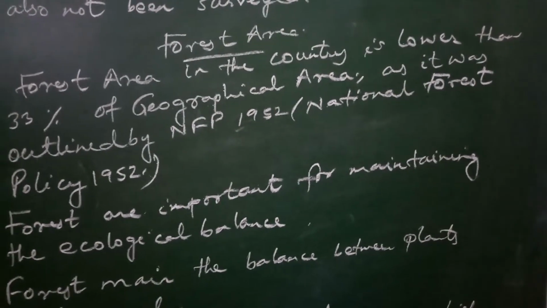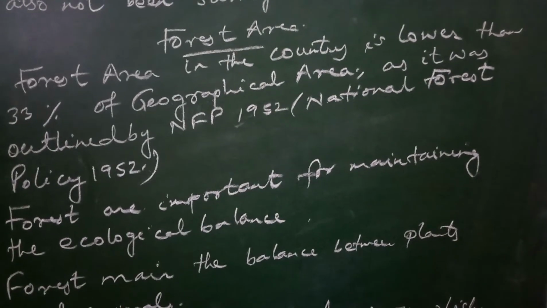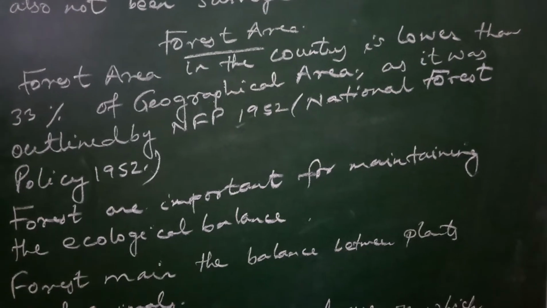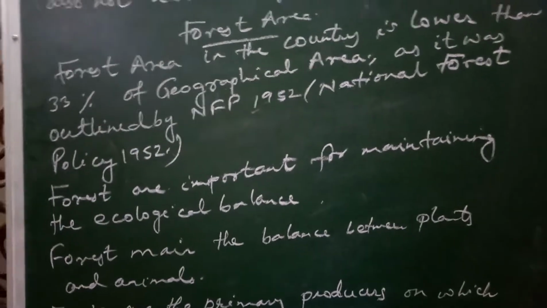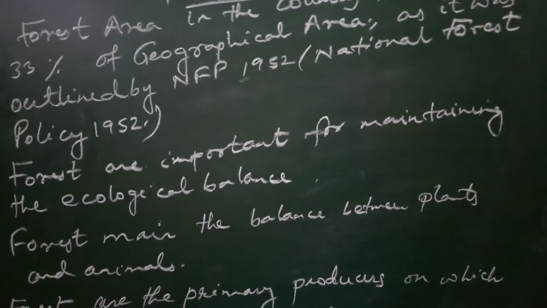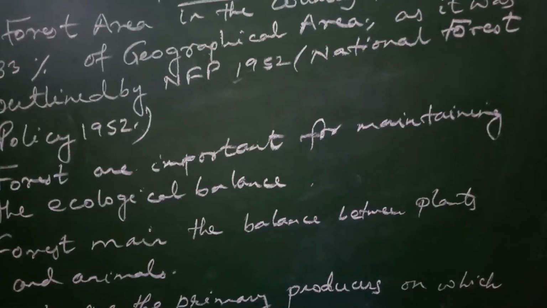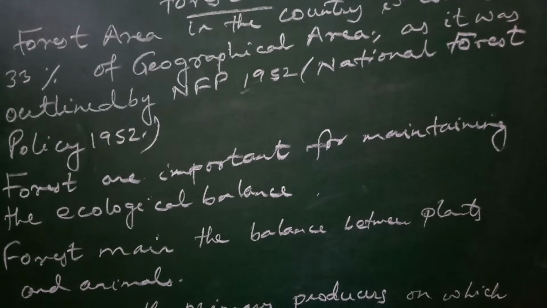In the National Forest Policy 1952, it was decided that 33% of the total geographical area must be given to the forest. But in our country, this forest is near about 23%.